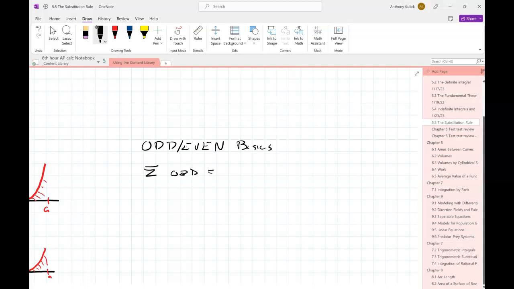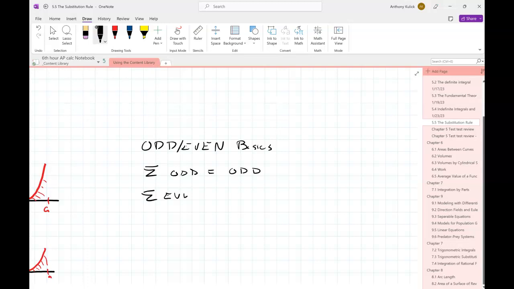So the sum of odds is, if I add up a bunch of odd functions, it's going to be an odd function, right? If they're all odd, when I do the composition, they all get a negative sign in front of them, which makes the whole thing have one negative sign in front of it, which makes it an odd function.